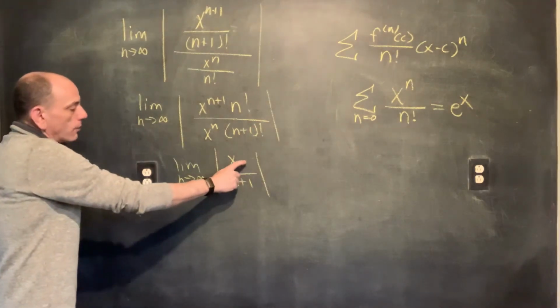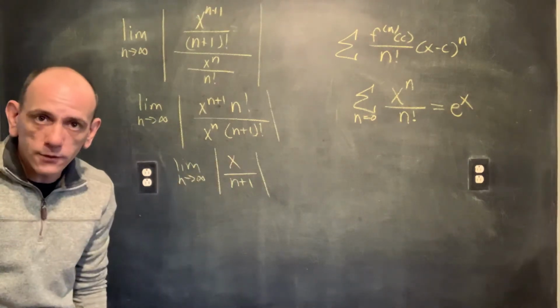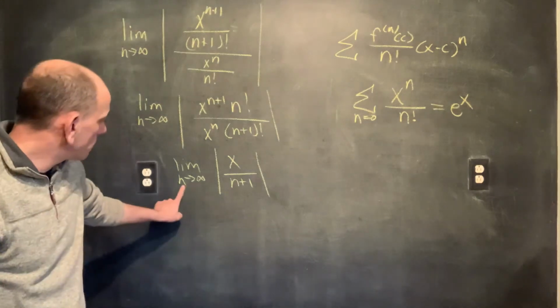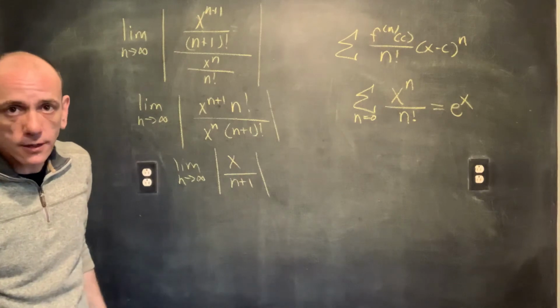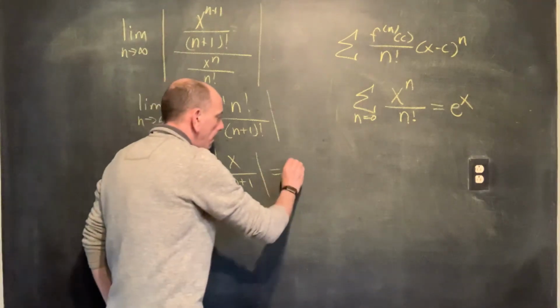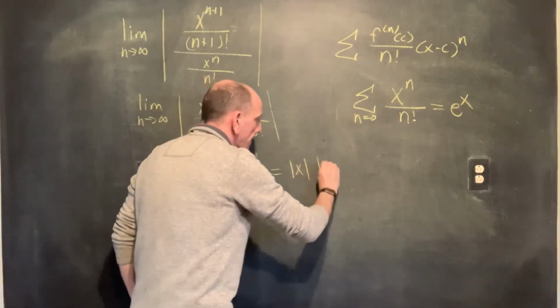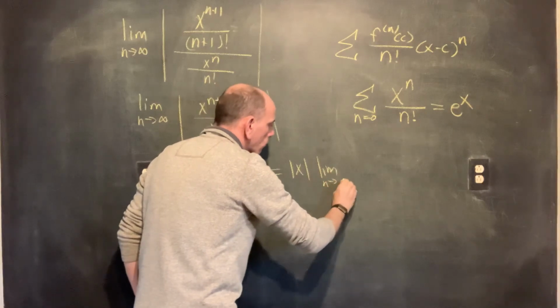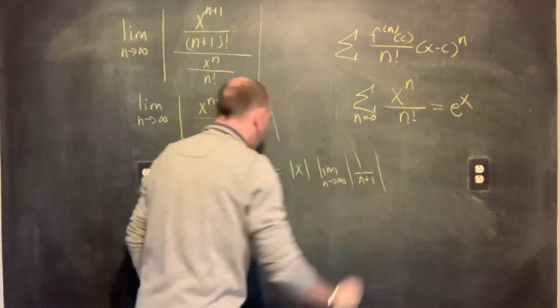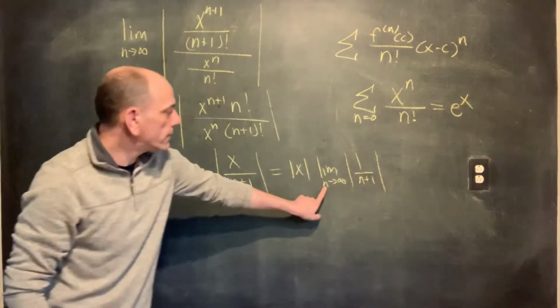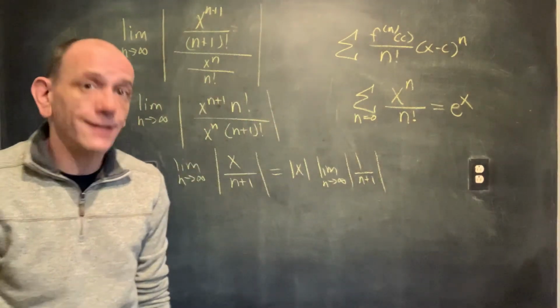But the absolute value of x, as far as this limit is concerned, is a constant. What's moving in the limit is n. So x is just a constant. I can pull that outside. Well, the limit as n goes to infinity of 1 over n plus 1, that's clearly 0.